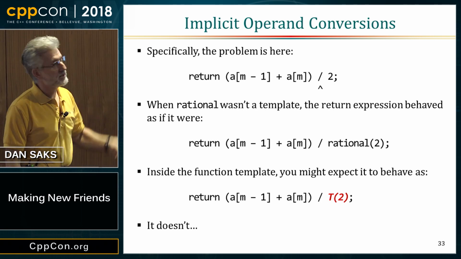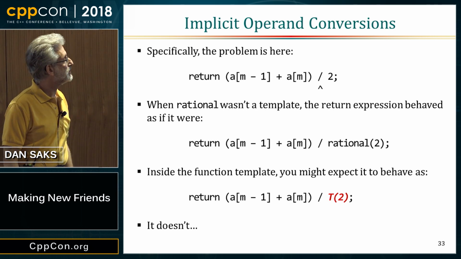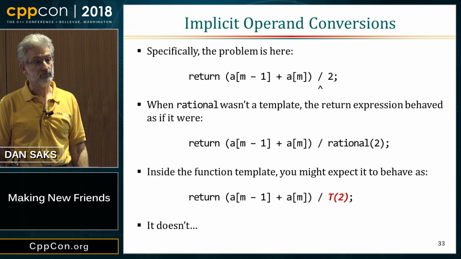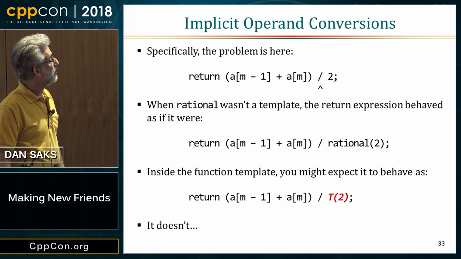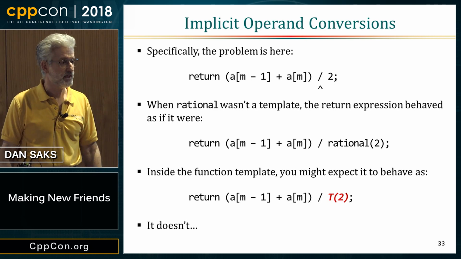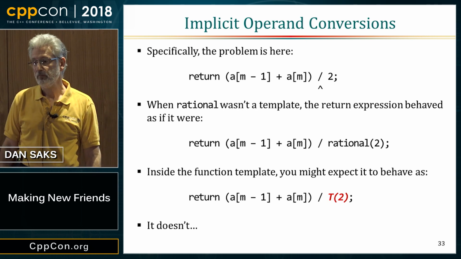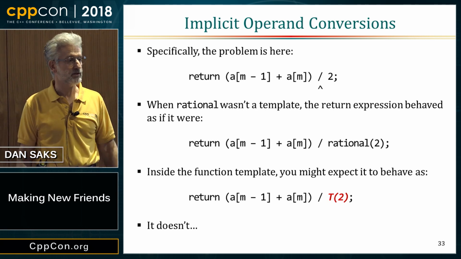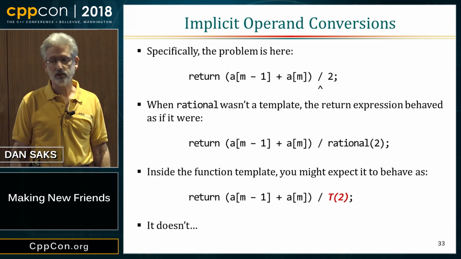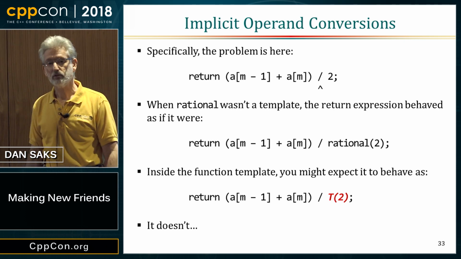But then it sees the divide, and that's a rational of some type T divided by an int. Whereas when we were not using a template, the compiler is able to do that. Now that the type of those elements is the specialization of some rational type, the compiler gets lost. It cannot recognize which divide operator we're referring to.